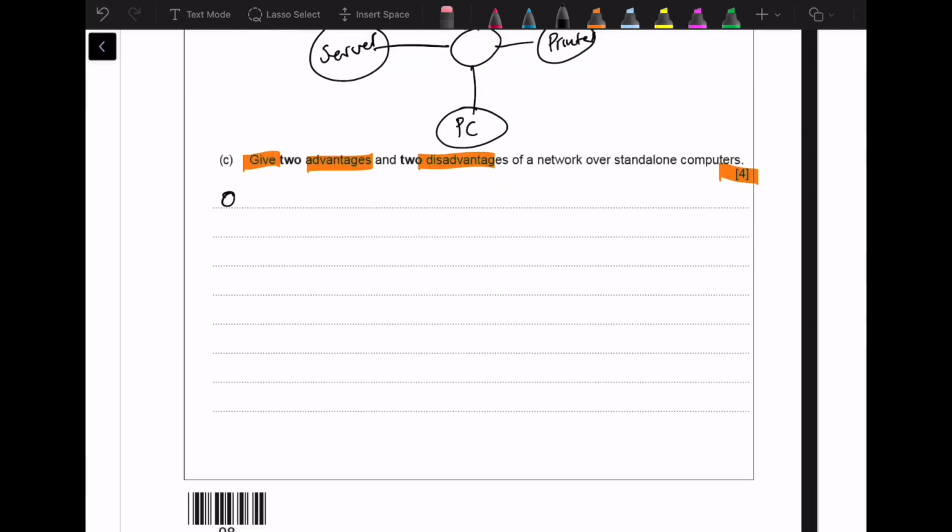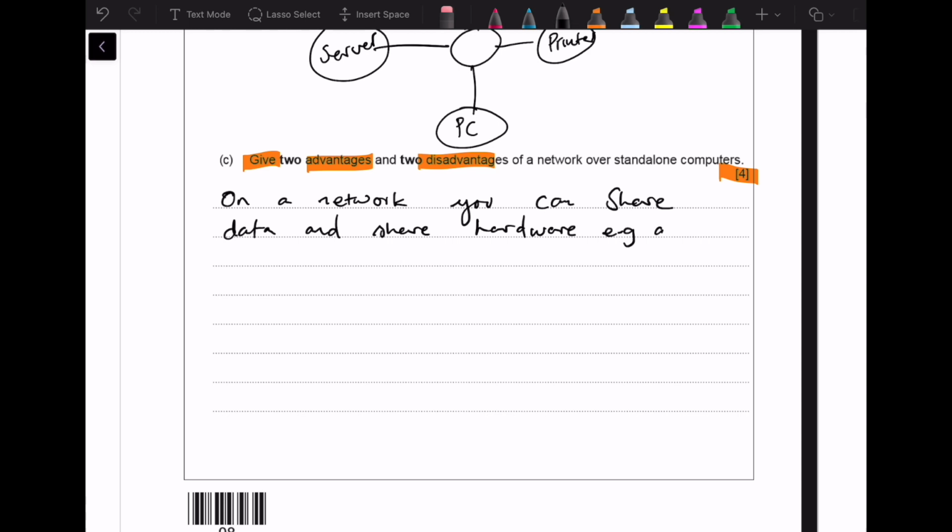So on a network, you can share files or data and share hardware, e.g. a printer. Sometimes you sort of refer to that as a peripheral, right?